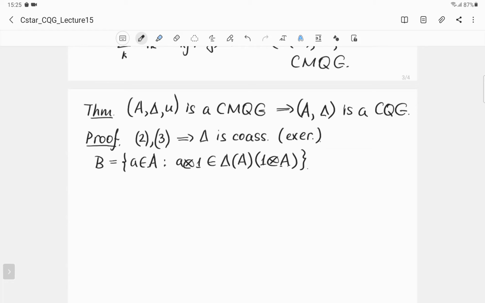I claim that B is actually a unital subalgebra. This is lemma 1. B is a unital subalgebra.